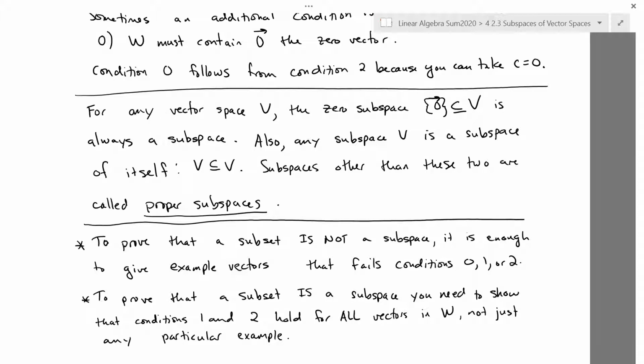In general, to prove that a subset is not a subspace, it's typically enough to just give some example vectors that fail conditions 0, 1, or 2. However, to prove that a subset is a subspace, you need to show that conditions 1 and 2 hold for all vectors in W, and not just any particular example.